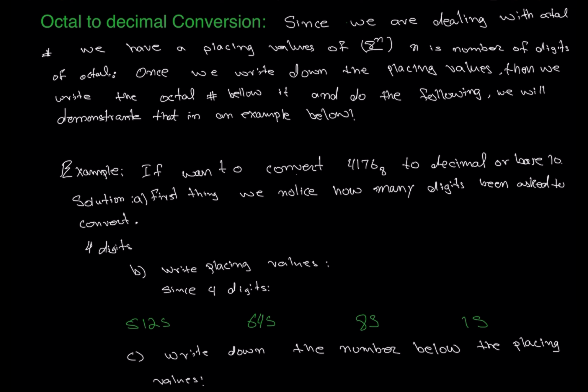Example, if you want to convert 4176 base 8 to decimal, what we will have to do is find out how many digits we have. We have 4 digits.